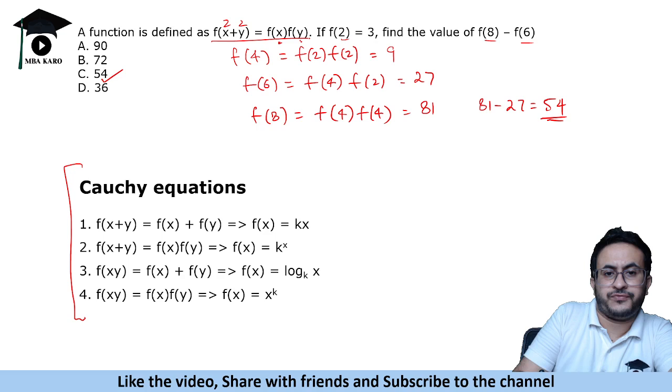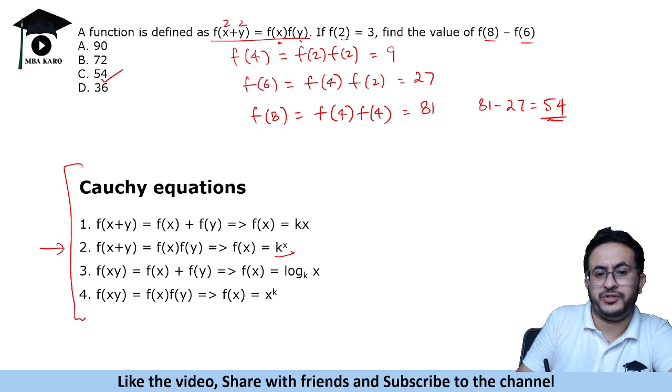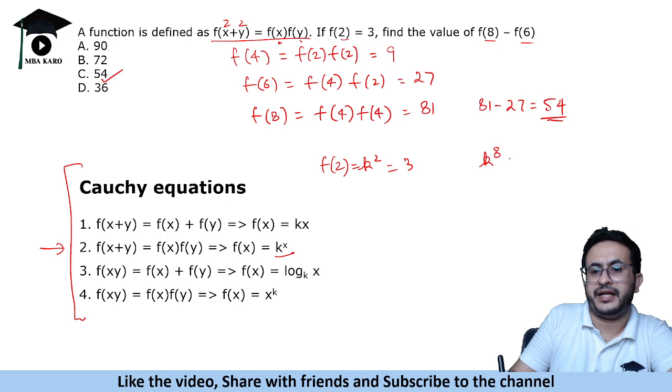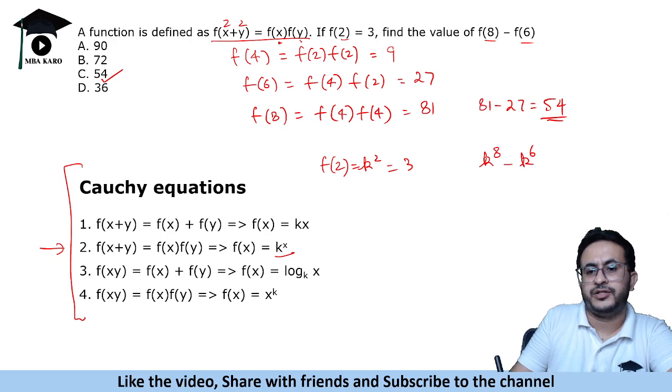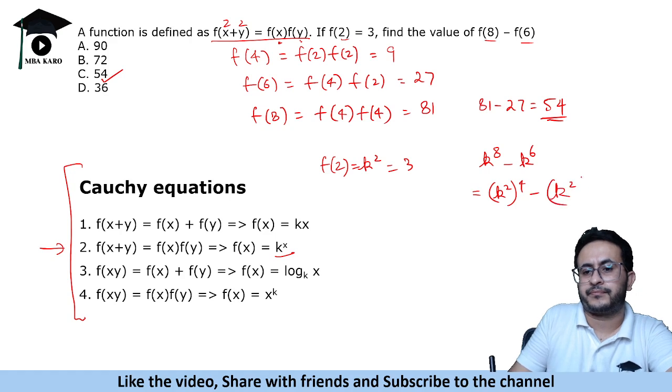Now this is of this format, the second form. So f(x) is k to the power x. So f(2) will be equal to k square, which is 3. I need to find k^8 minus k^6. So k^8 is k square to the power 4, and k square is 3.